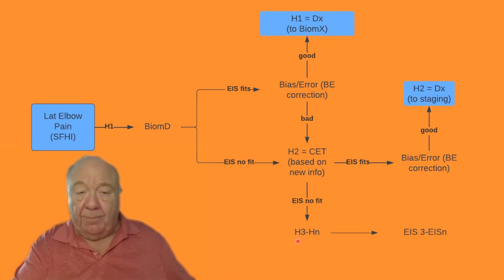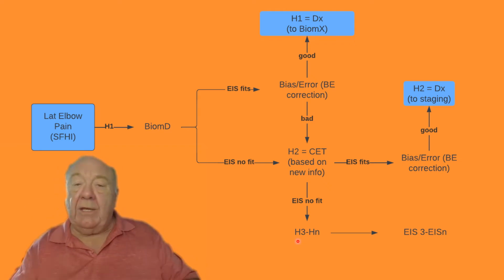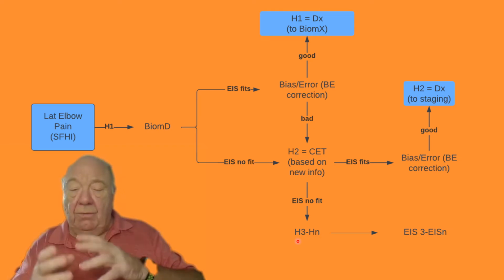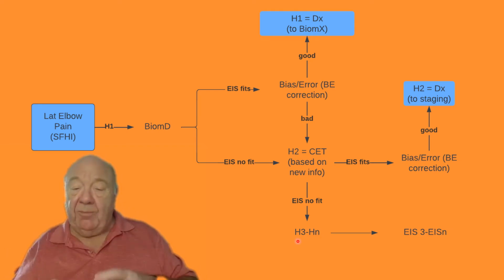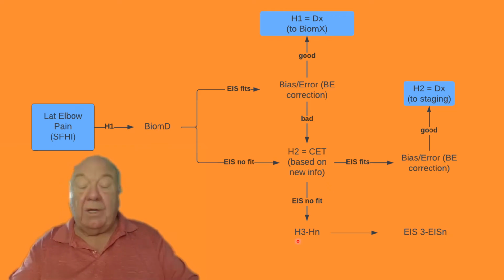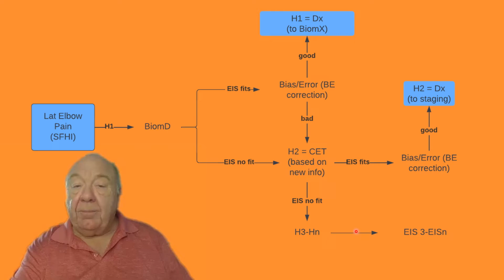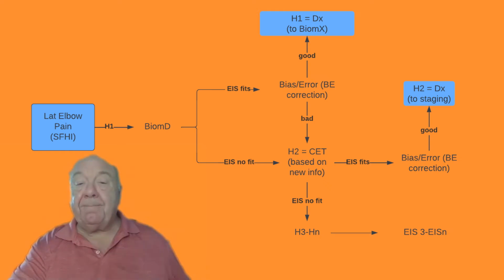You try the hypothesis, you see if it fits. If it doesn't, you try another hypothesis, you see if that fits. If you get one that does fit, then you aim the treatment at it, and if the treatment works, then you're good, and if the treatment doesn't work, then you're not. Trial and error. This is a number of different experiments. Basically, you're using the scientific method here.